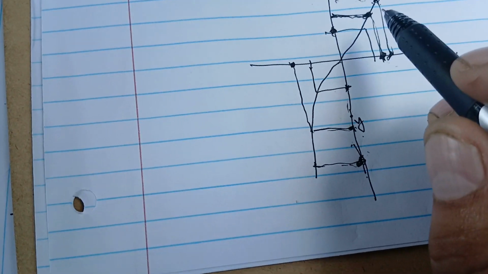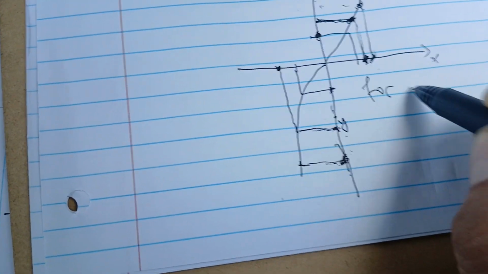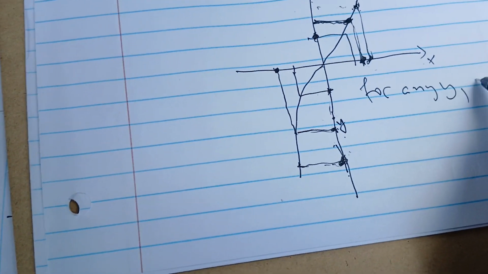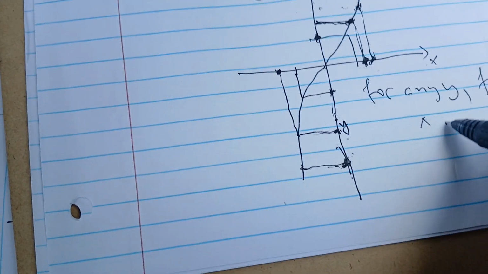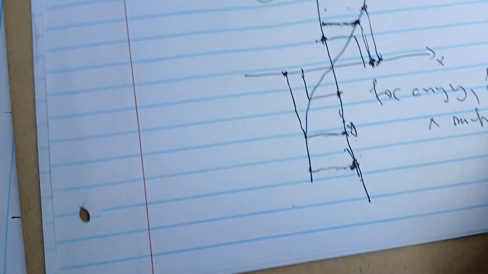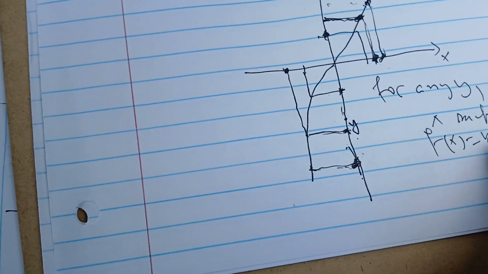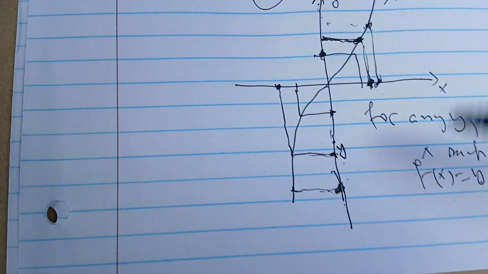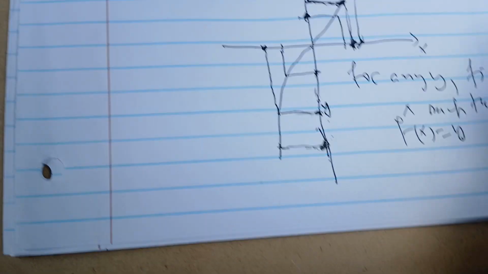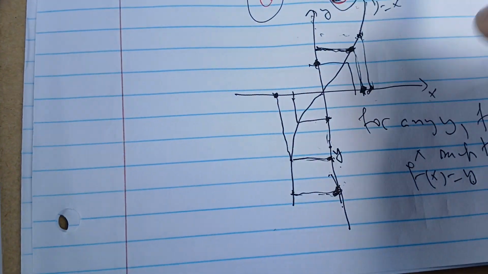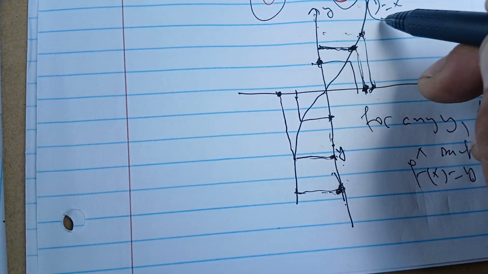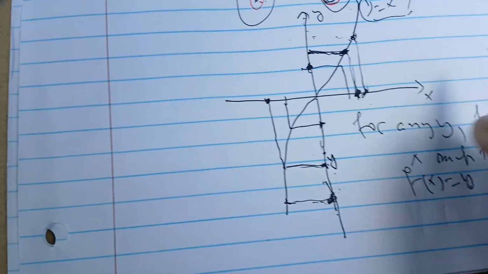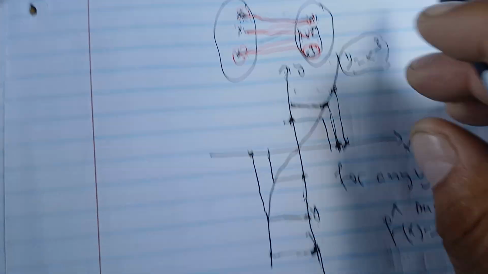We call it the pre-image. So for any y, find x such that f of x is equal to y. Like I said, for any window, check if it gets hit by any kid.